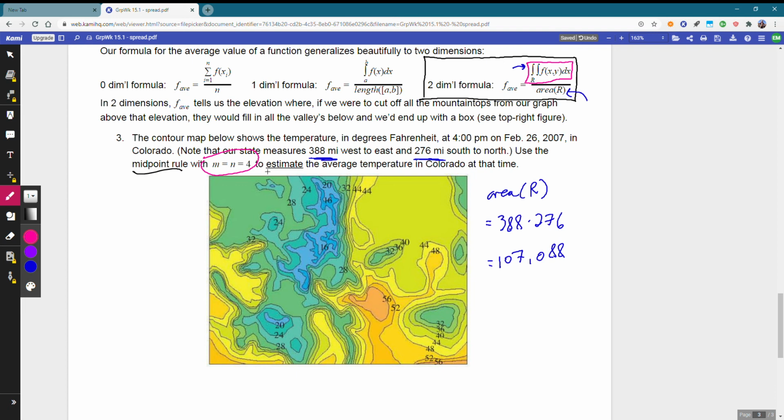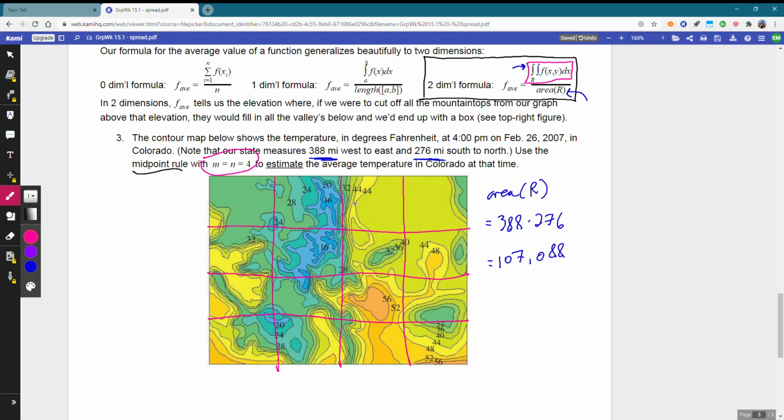And so here we can kind of eyeball things, cut in half, then cut in half again, and cut in half again. And so here are our subrectangles.